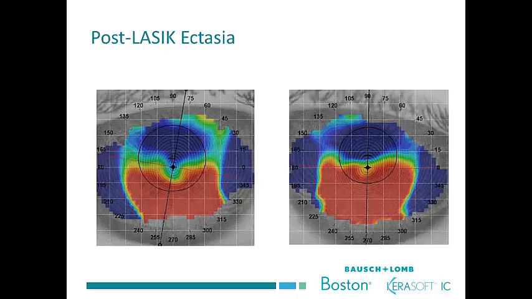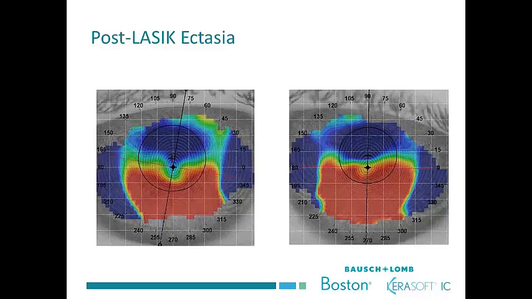Here are examples of topographies of post-LASIK ectasia. You can see this inferior steepening. A lot of times when I have seen it presented to me, it almost looks similar to a pellucid marginal degeneration case. Now, thankfully, because of intense screening procedures done in LASIK centers worldwide, the incidence of post-LASIK ectasia has definitely dropped significantly.